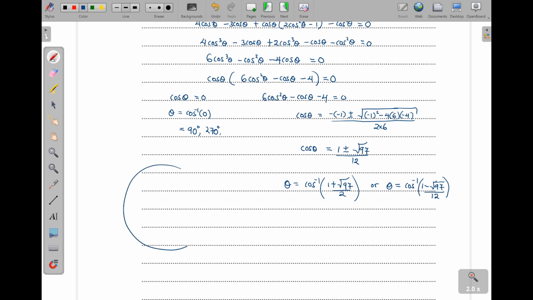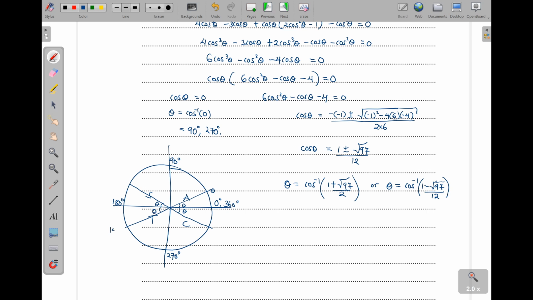So we have these 4 quadrants where we are supposed to pick the angles from. I have 0 degrees here, this is 90 degrees, this is 180, this is 270 degrees, this is 360. Then if this is an angle theta, and this one is also theta, opposite angles are equal, same to this one here.